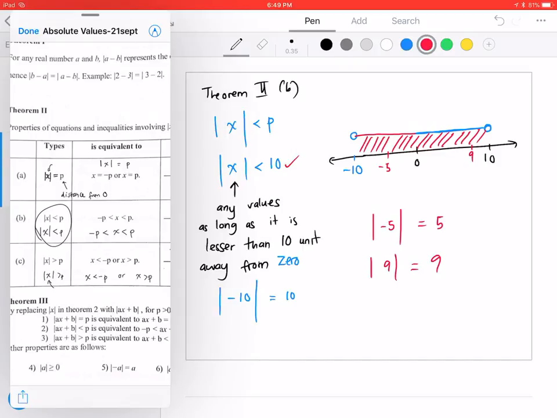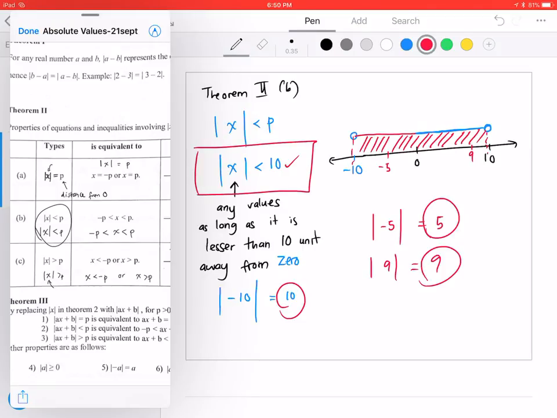Your x must be less than 10. The absolute value of x specifically, the absolute value will always be positive. So those values here are actually the distance from 0. So anything under these two constraints here will satisfy this equation.